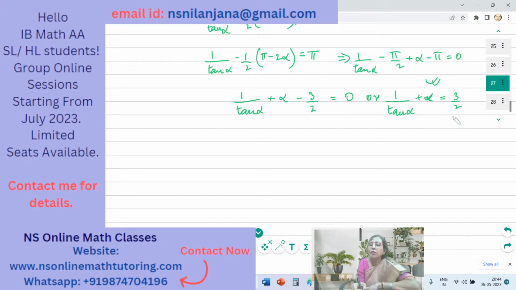So if you have the equation in this form, you have to graph 1 over tan alpha plus alpha, and another graph will be for y equals 3 pi over 2, and then you will be getting the intersecting points, coordinates. For this equation, you will be just getting the zeros, or the zero. So I'm taking this one.